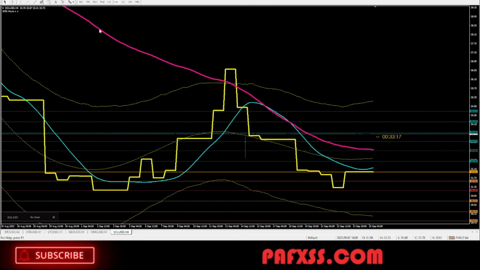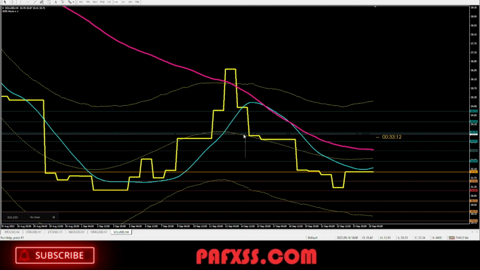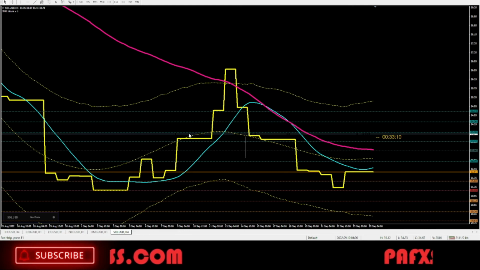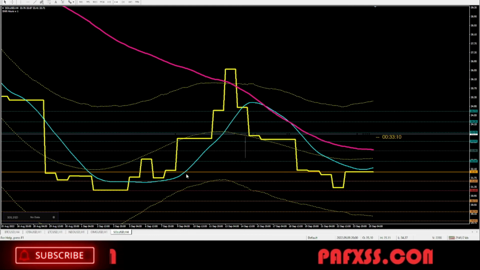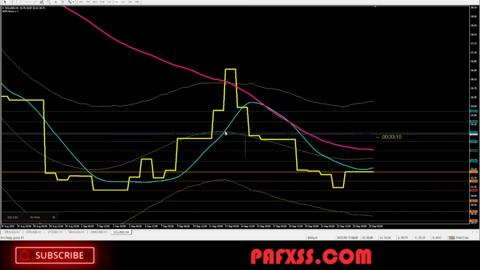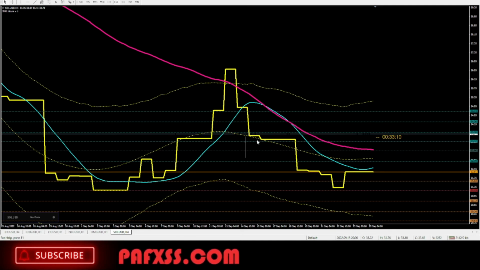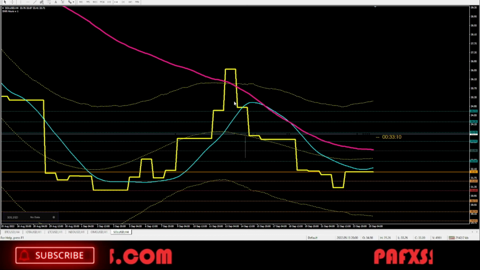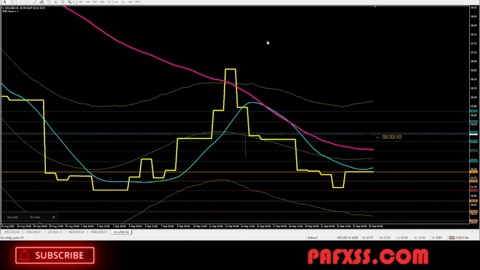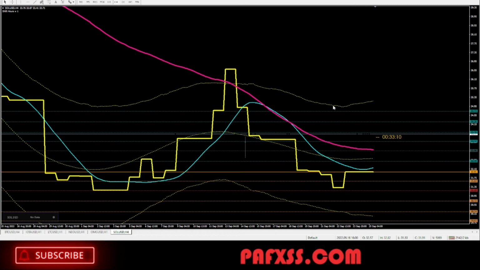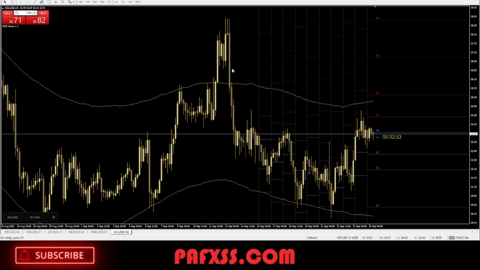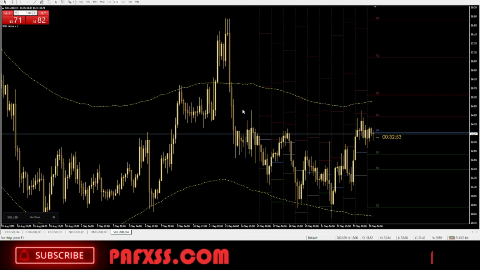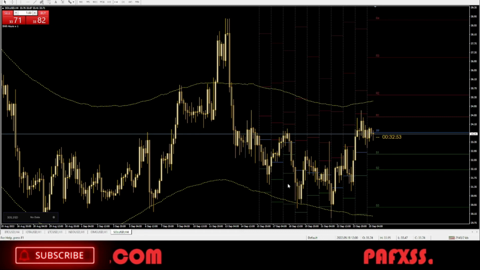The 200 MA is above the middle channel line over here, and then the NT line is above the middle channel line. After you find this setup and you switch to the GODFORCE template, you see what happened? It just dropped. There you go.